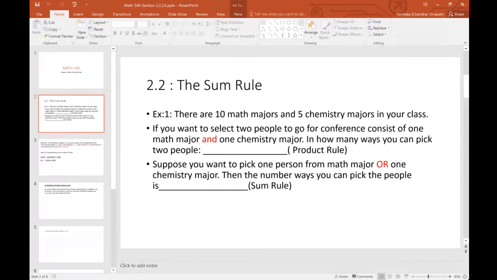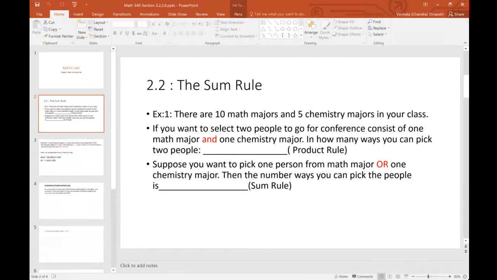Okay, let us start the summation rule. You have already seen the product rule, so again I will explain this with the help of an example. Suppose there are 10 math majors and 5 chemistry majors in your class, and you want to select 2 people to take to a conference: one math major and one chemistry major.